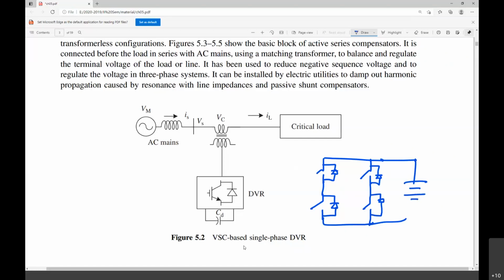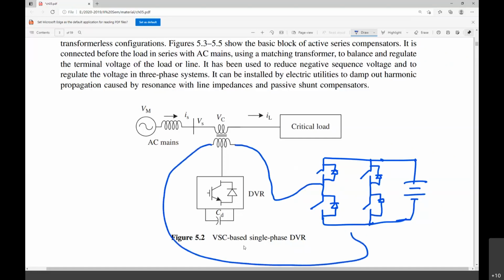One leg has this connection and the other has the connection this way. We will look at how to control the switches S1, S2, S3 and S4 in order to inject the voltage VC so that we correct the voltage at this point, VL.